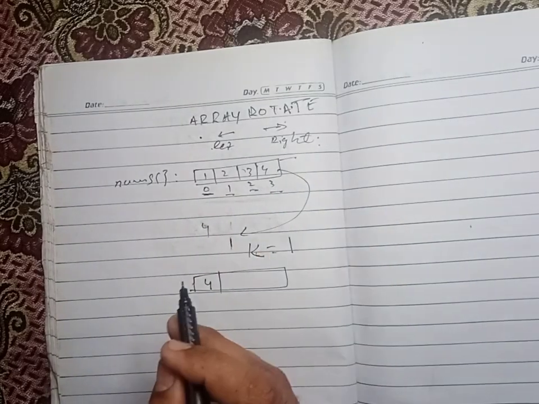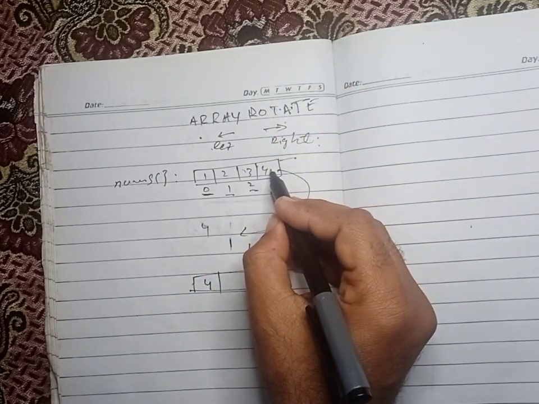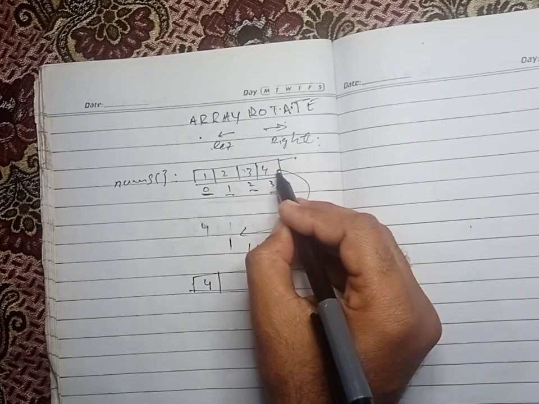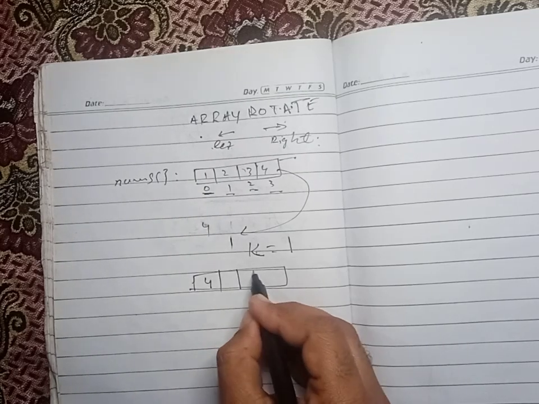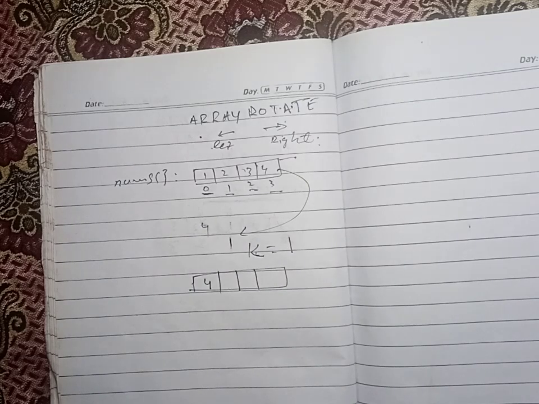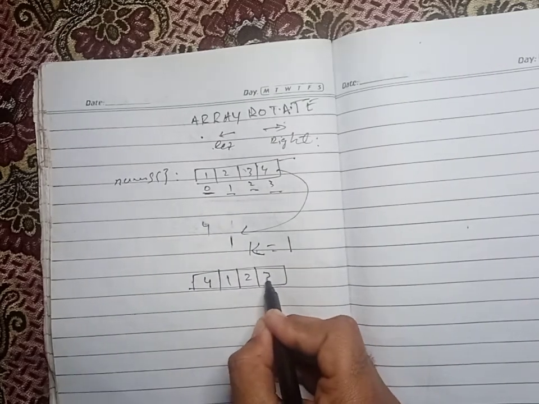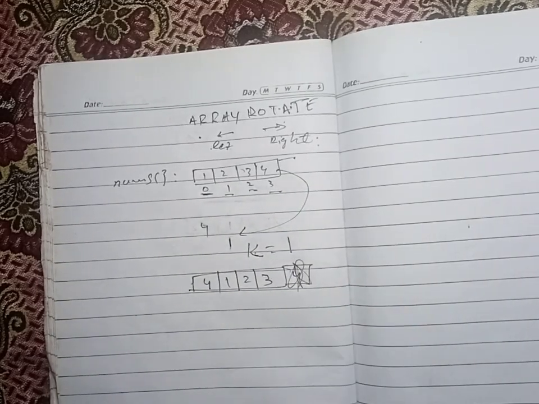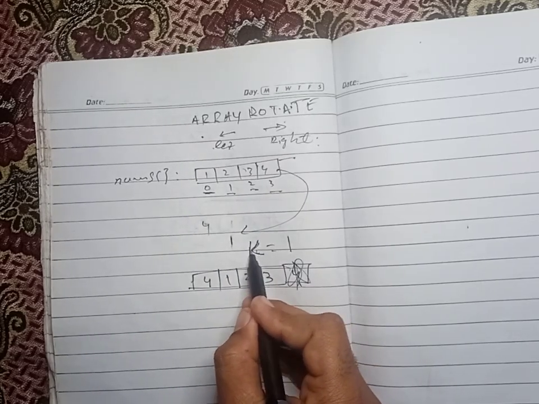There is no location outside this array, so the value at the last index comes to the first index, and all the elements shift right. So it is shifted k times, in this case one time.